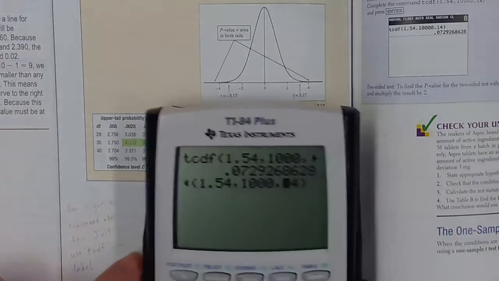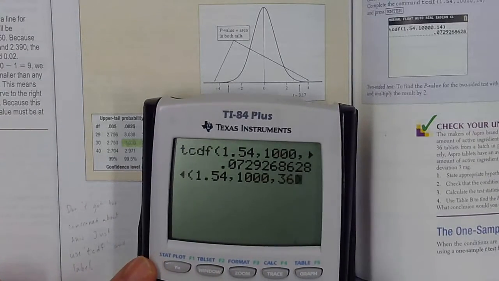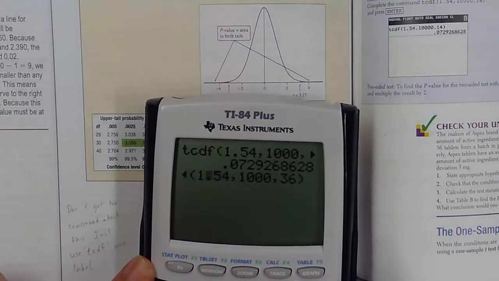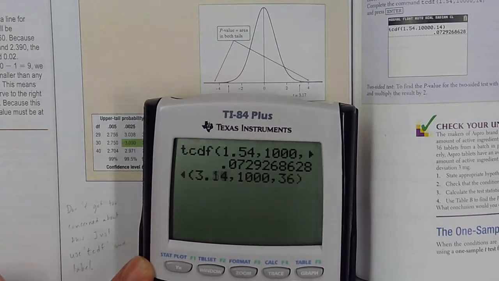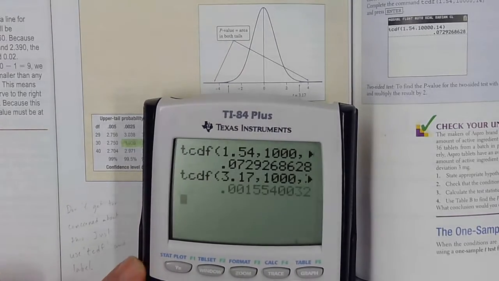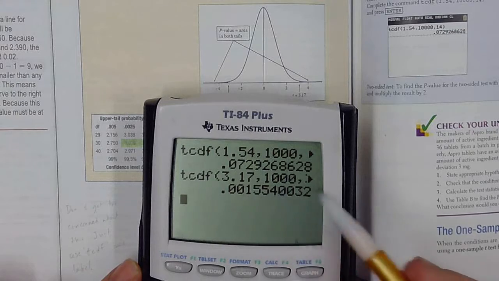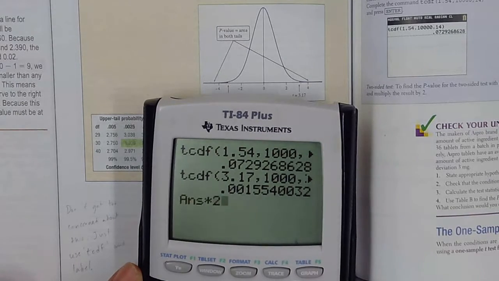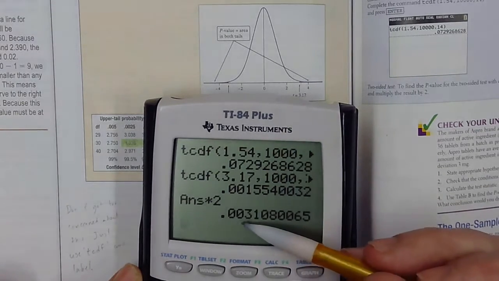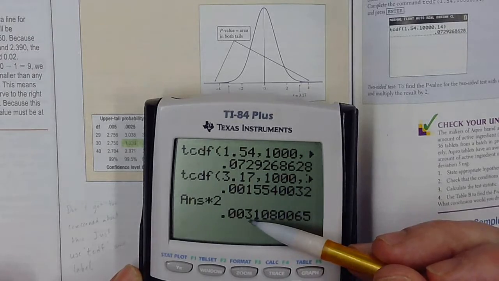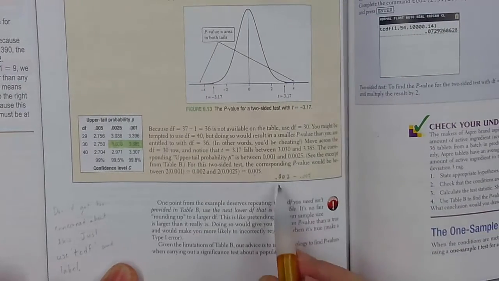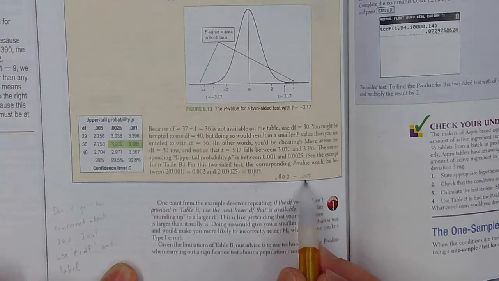You can just use 36. So 36, and then my test statistic was 3.17. And we get this small value. This is just one tail, so I would double it. And there we go, 0.003. Does that match what we had written down? Yep, that's between 0.002 and 0.005. Okay?